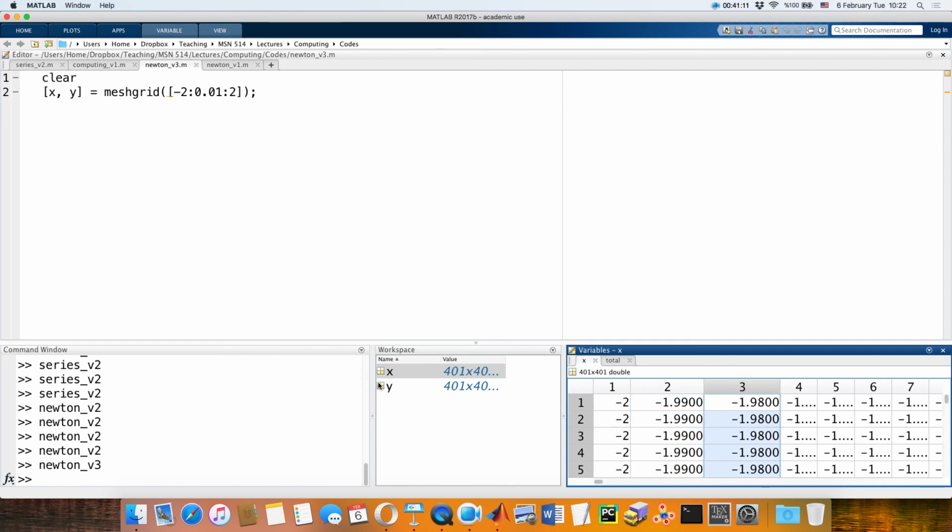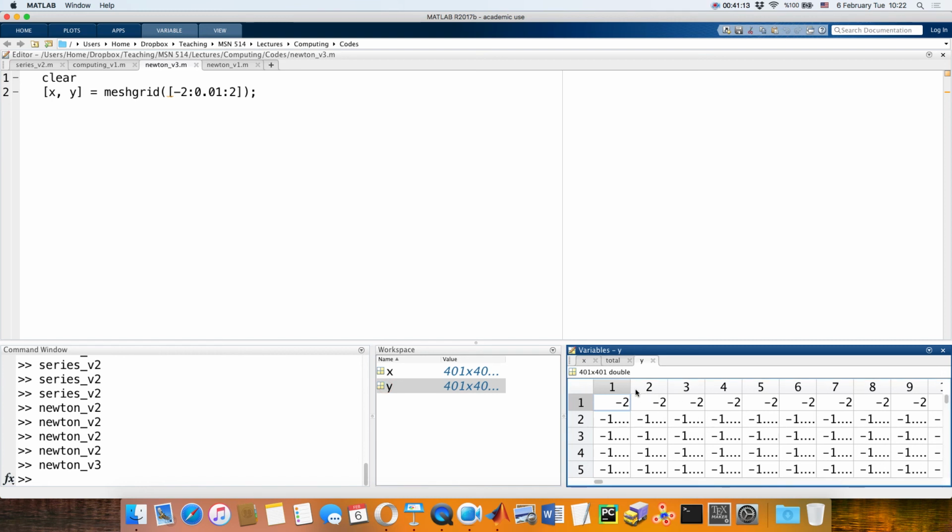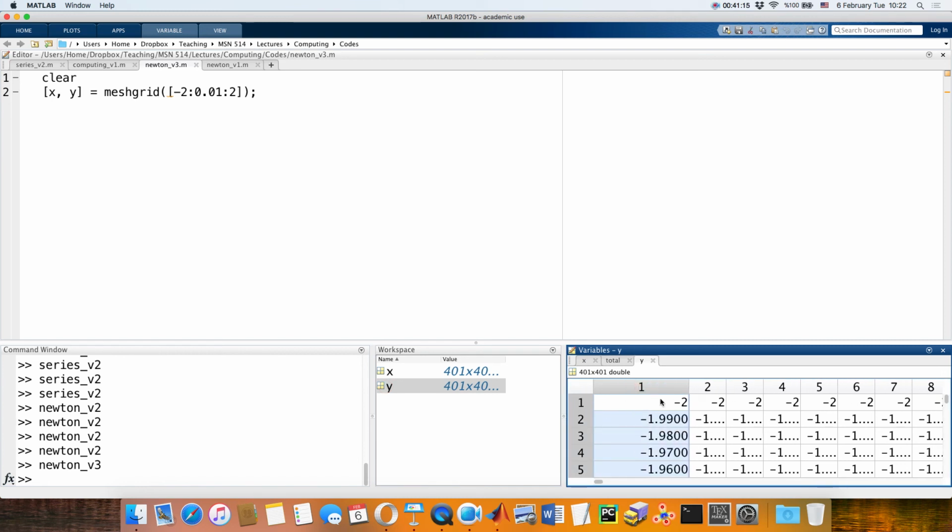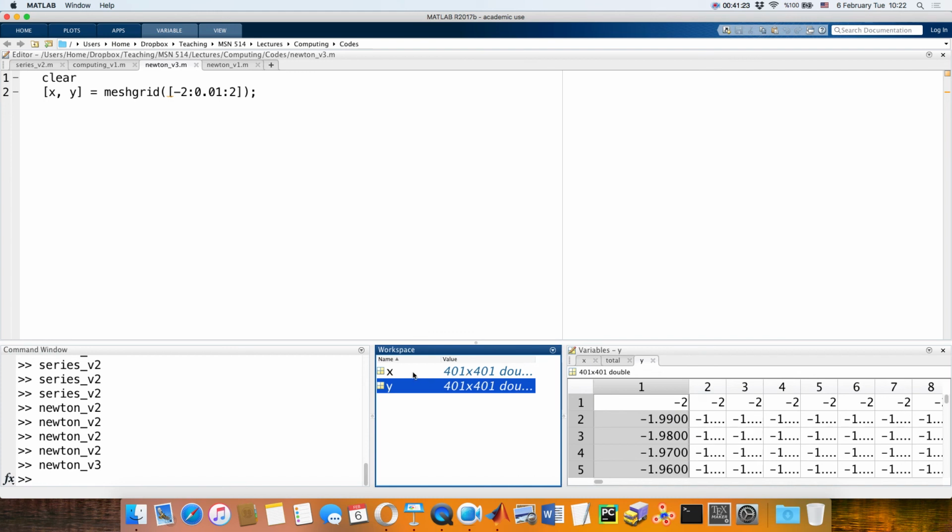And y gets the values that are changing as the rows change. So basically it's like an n by n matrix, and both x and y are n by n. X gives you the value of the x coordinate, and y gives you the value of the y coordinate. Are you still with me? Yes? Good.